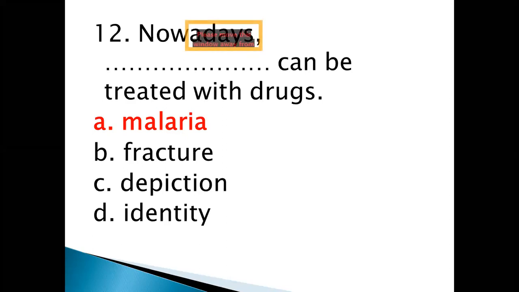The drugs here you can use for illnesses that are caused by germs. For a fracture, you can use other medicines, but it doesn't matter to be a drug to treat broken bones. So it will be malaria here.